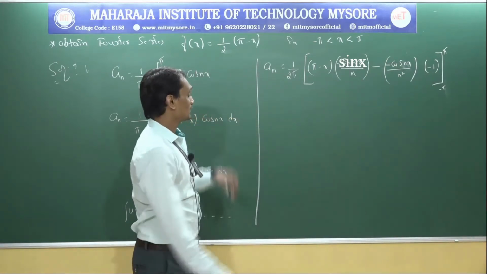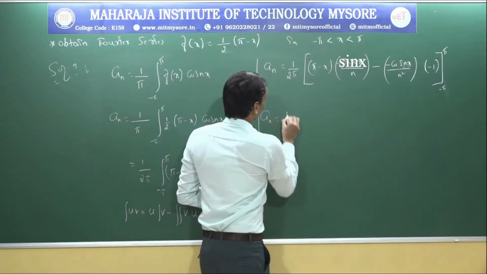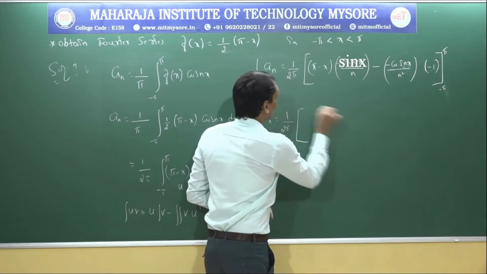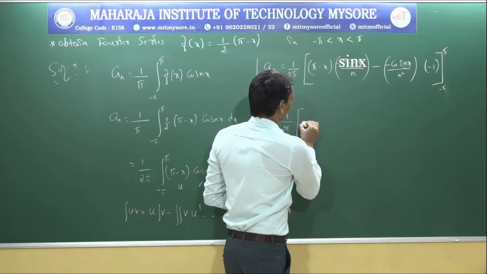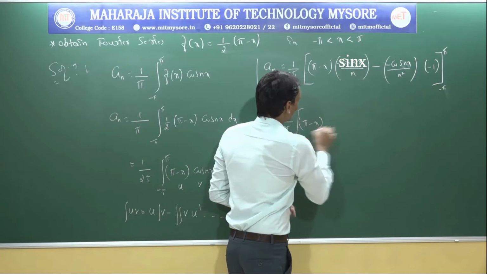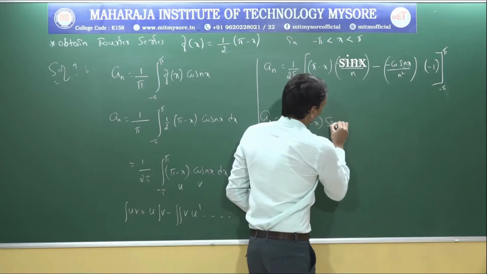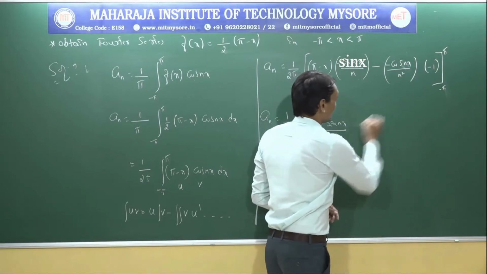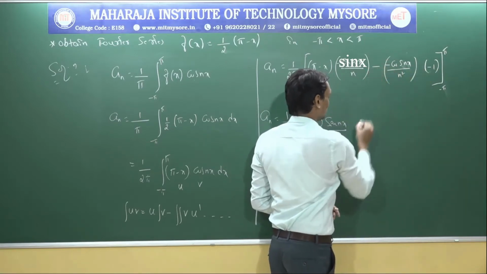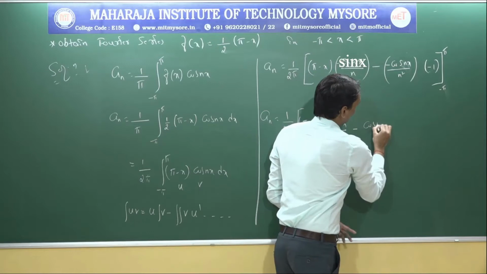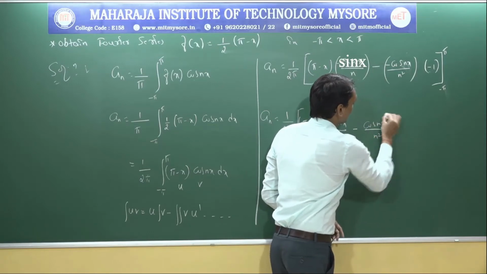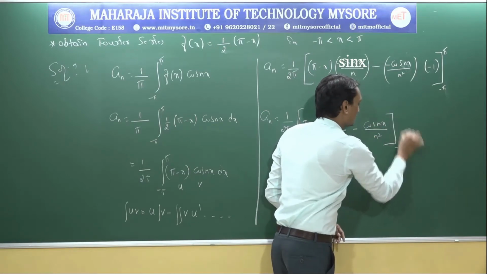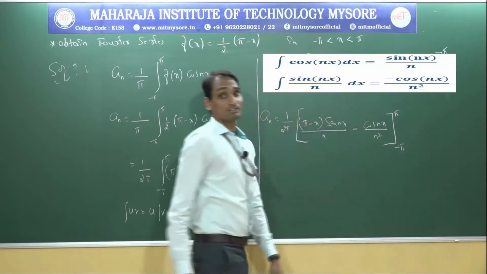Now first I will go for the simplification. an equals 1 by 2 pi bracket, pi minus x into sin nx whole divided by n, the first value, minus into minus plus, plus into minus minus, cos nx divided by n square in the interval minus pi to plus pi.